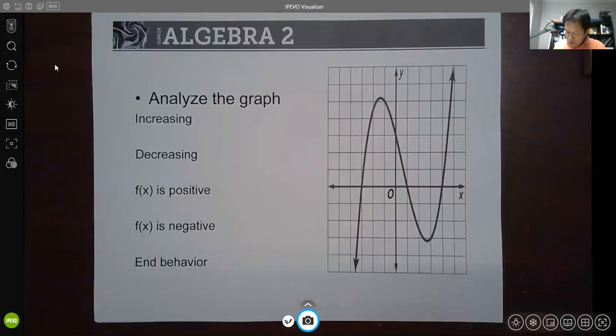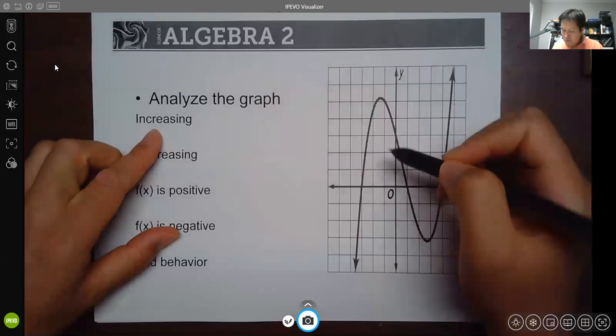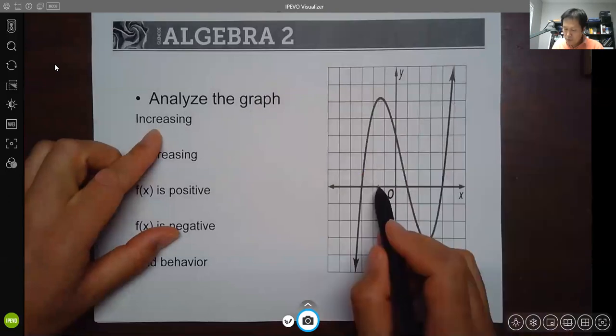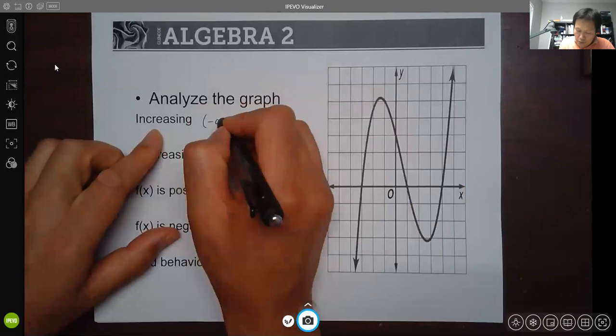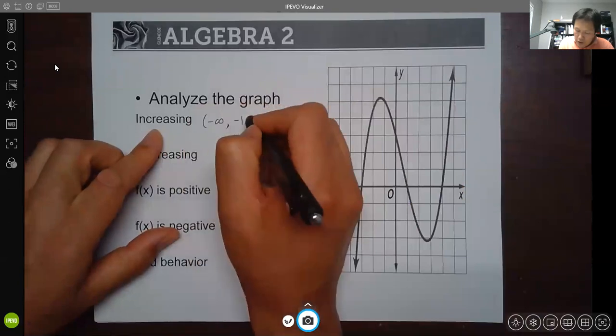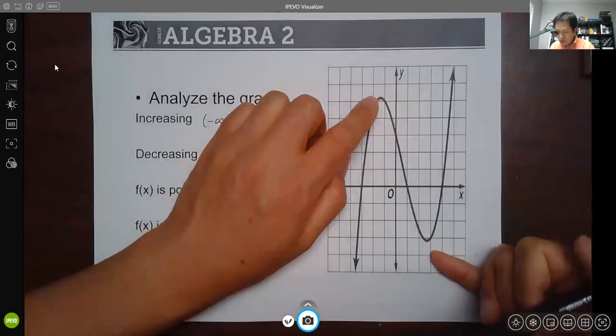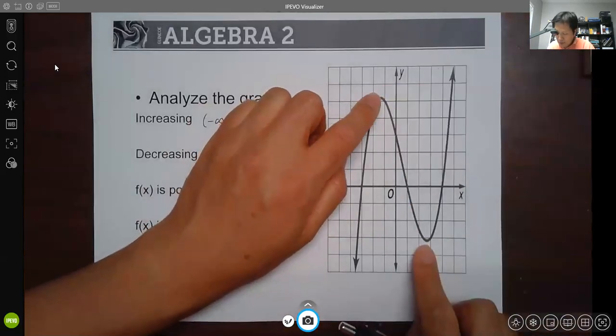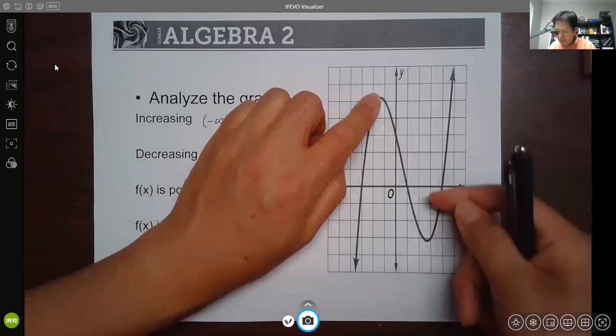Okay, increasing here through here. So that's somewhere in the middle. I would say minus 1.5. So minus infinity to minus 1.5, increasing. It starts decreasing from here to here. So I would say minus 1.5 to 2.7.